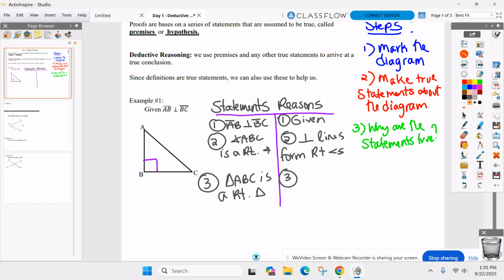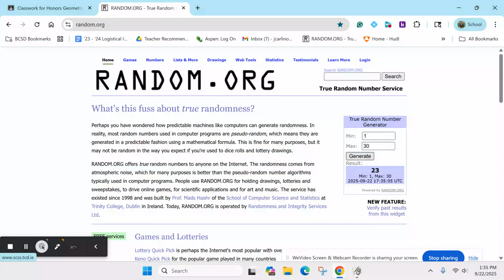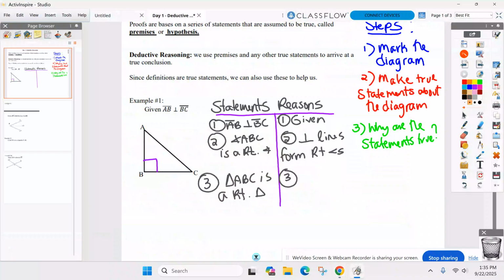How does young Jacob back there know it's a right triangle? Again, don't overthink it. What's there for us? Shreya? Because line AB is perpendicular to BC. Okay, keep going. I didn't know that would have made a right triangle, though. What made it a right triangle? The measure of angle B is a right angle. Right triangles have what?